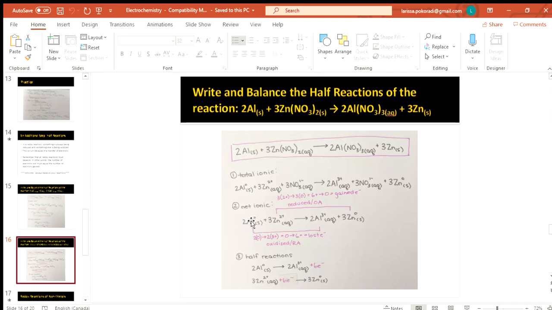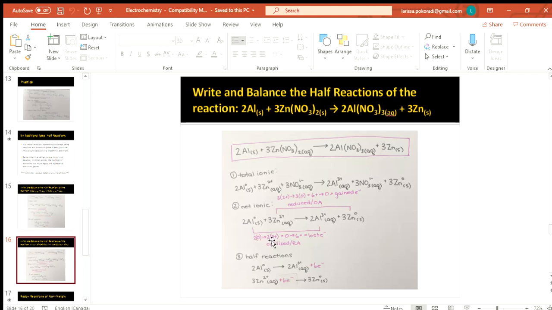We've got an aluminum 0 becoming an aluminum 3+, and we've got zinc 2+ becoming zinc 0. The thing is, we've got numbers in front of everything, right? So if I look at aluminum, that's where my brackets are coming in. We're starting at 0 and we're ending at 3+. I put those in brackets, right? But I've got 2 zeros becoming 2 3+.